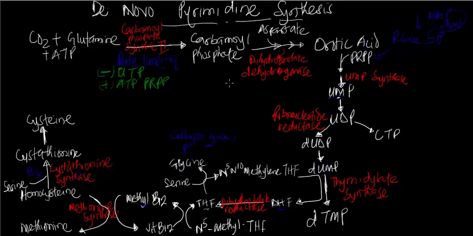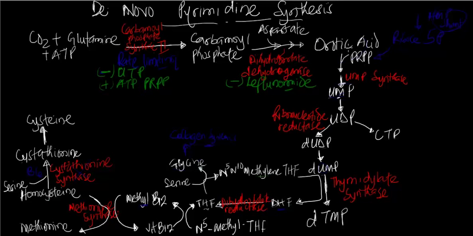And there's a drug that can inhibit this enzyme, and the name of the drug is leflunomide. So leflunomide actually inhibits dihydrofolate dehydrogenase, and we can use leflunomide for chronic inflammation like rheumatoid arthritis and so on and so forth.